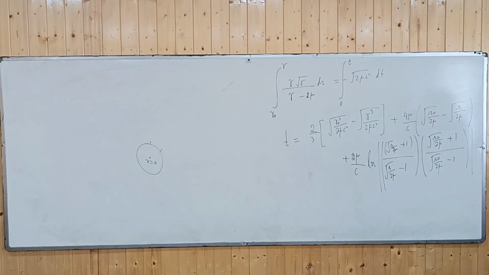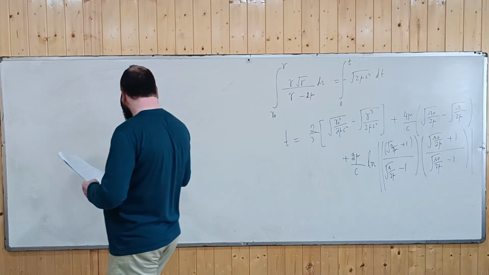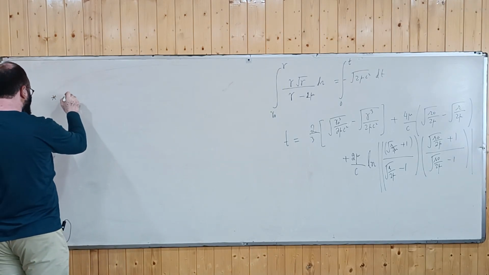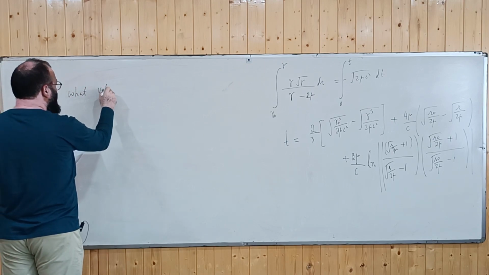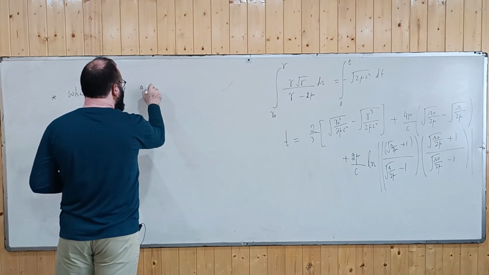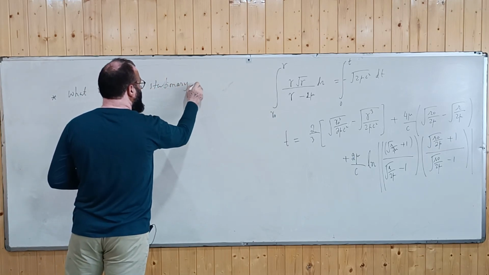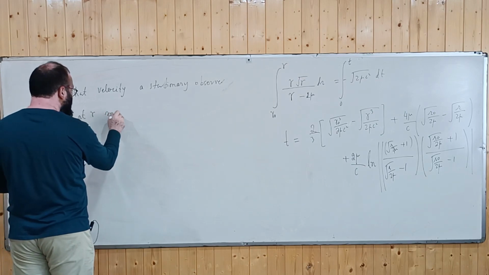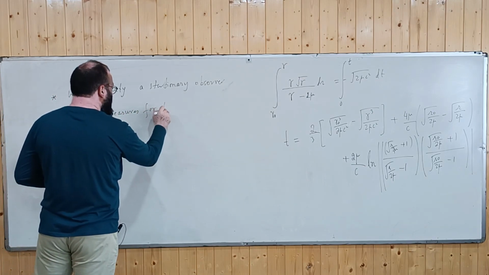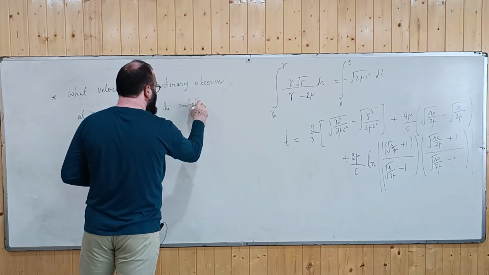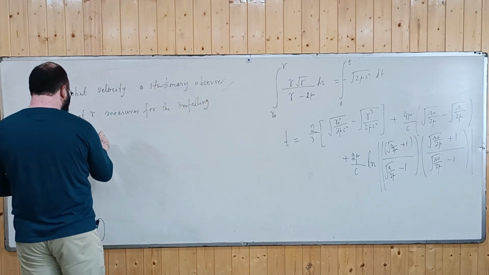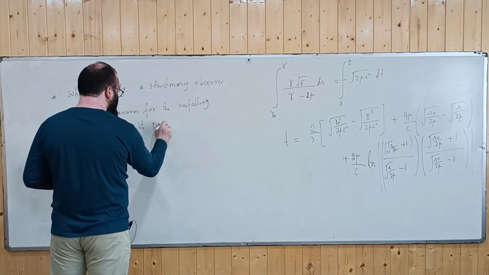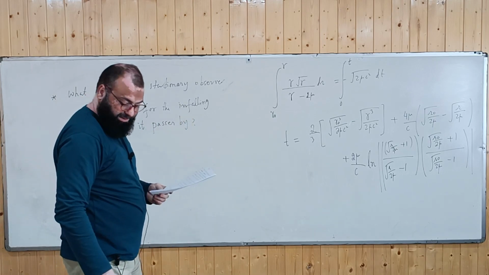Let's pose this question: what velocity does a stationary observer at r measure for the infalling particle as it crosses? Let's try to calculate this.